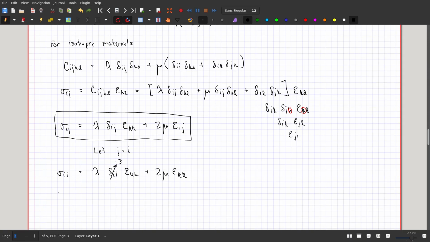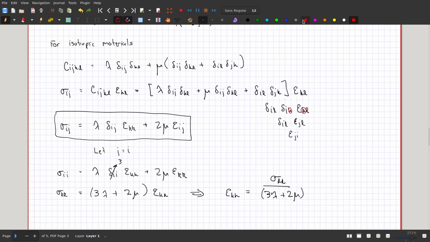And so then I get sigma KK equal to 3 lambda plus 2 mu epsilon KK, or that leads to, I can invert it, so epsilon KK is equal to sigma KK over 3 lambda plus 2 mu.